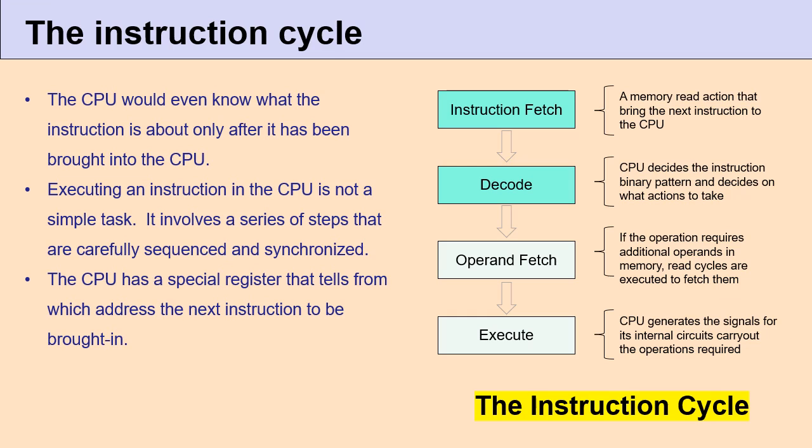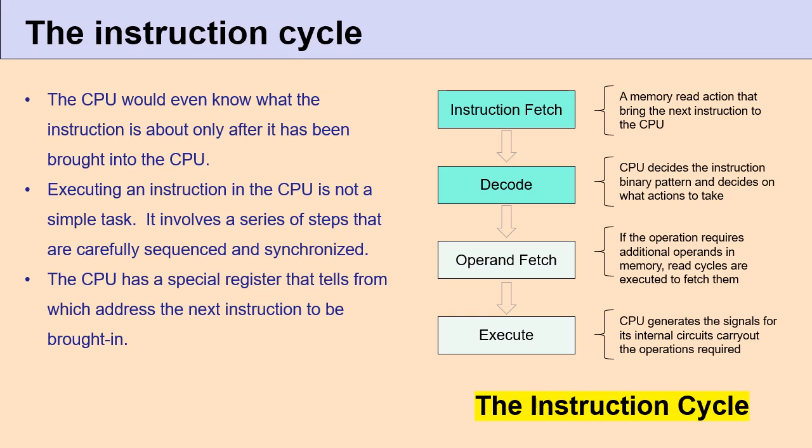That involves a memory read cycle plus a process where the CPU determines from where the instruction has to be brought in. So it keeps some internal reference on where the instruction has to be brought in from, brings the instruction, and then updates that reference so that when this cycle is over and it starts the next cycle, it knows where the next instruction is to be brought in from. We will see how this happens in a while, in a different discussion.